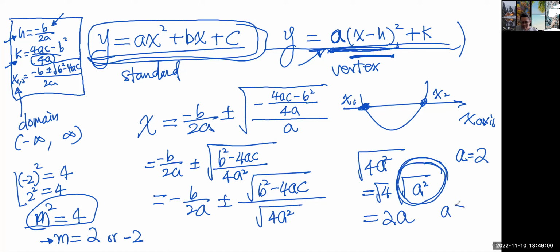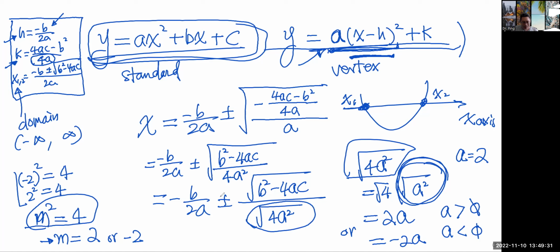So a is greater than 0. It comes down to when a is less than 0: a squared is always positive, so the square root is positive. But if you just write 2a, because a is negative, this becomes negative, and that's not the case, since this one is always positive. So we have to rewrite it: if a is less than 0, it equals negative 2a.